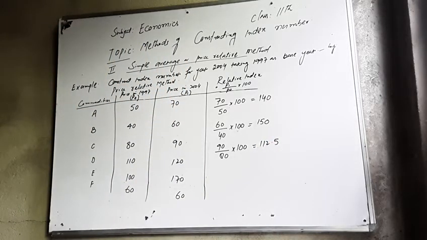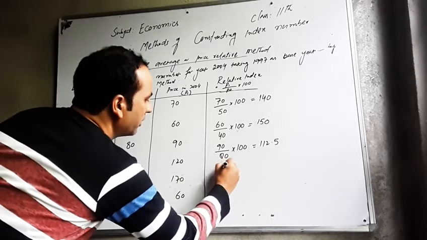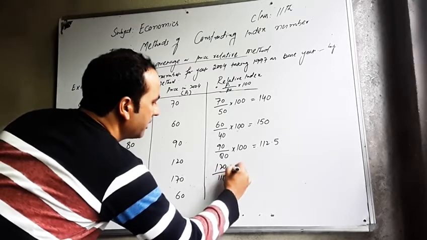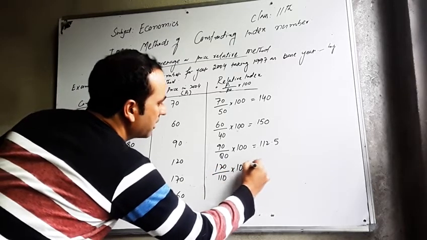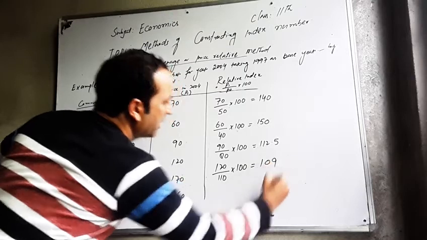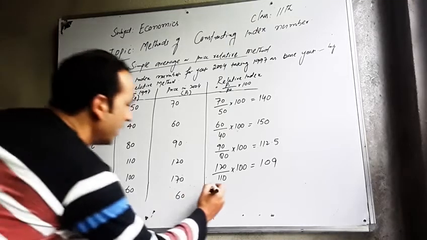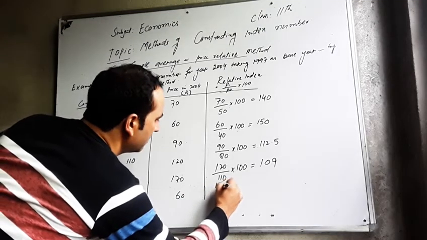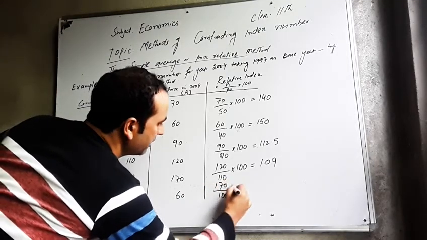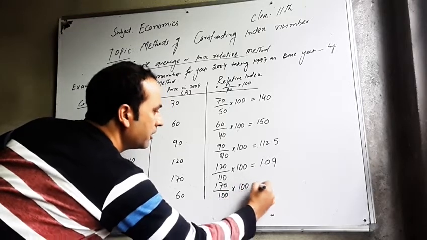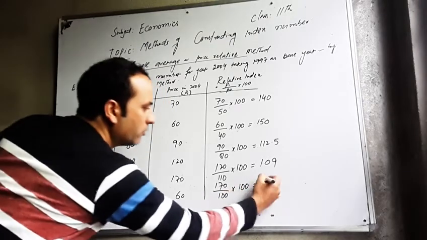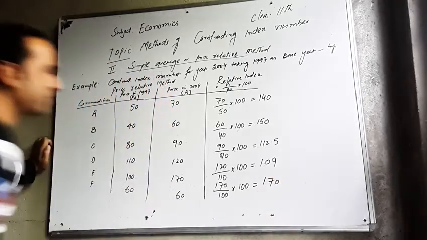Next is 120 divided by 110. This is 120 divided by 110 multiply by 100 comes equal to 109. And next is 170 divided by 100 multiply by 100, it comes equal to 170.